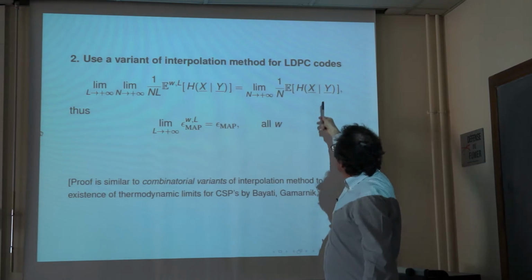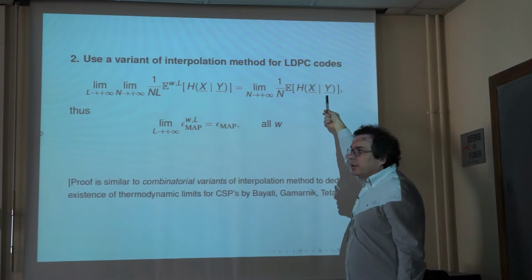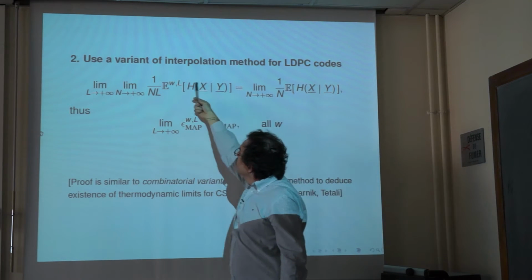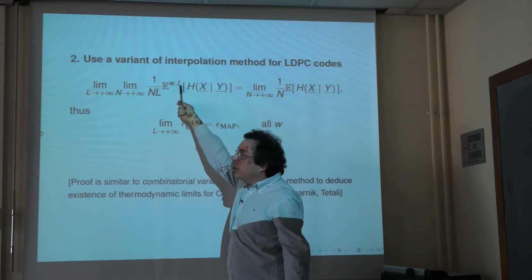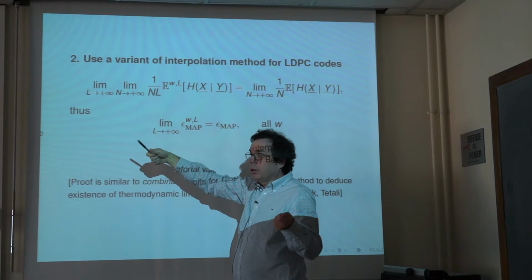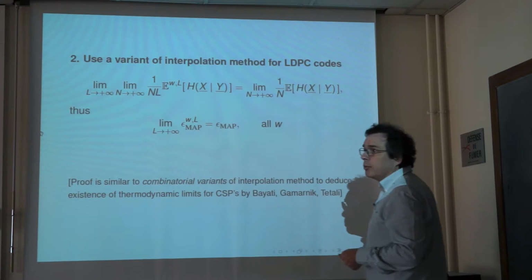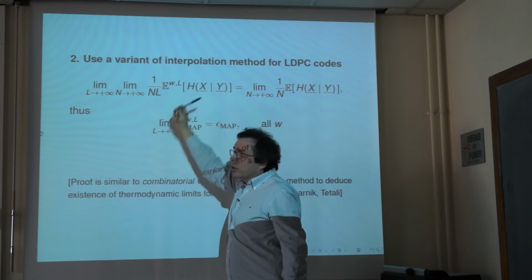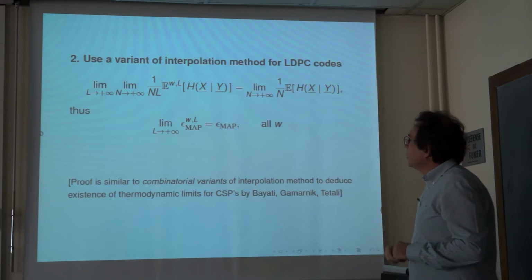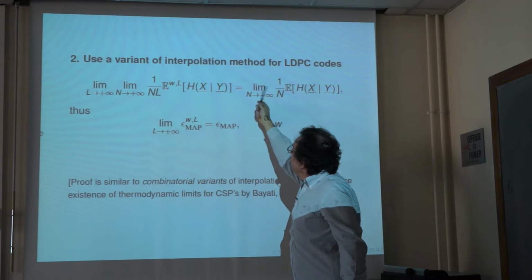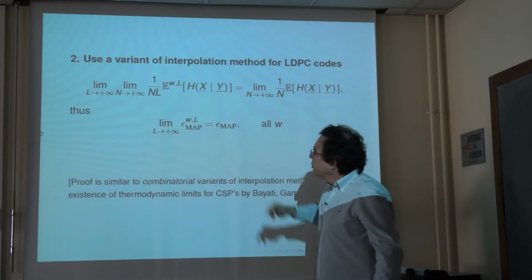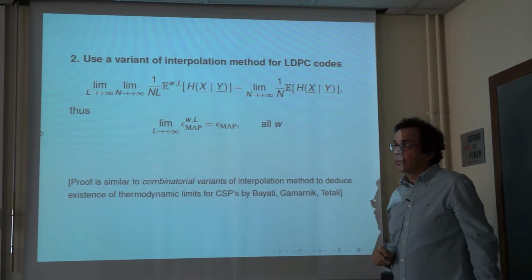We show that the entropy for the uncoupled code is equal to this entropy for the spatially coupled ensemble that depends on two parameters, the chain length and the window width W. And this, in fact, is even true for all W's. And because these two functions are equal, the MAP threshold of the spatially coupled ensemble is equal to the original MAP threshold.